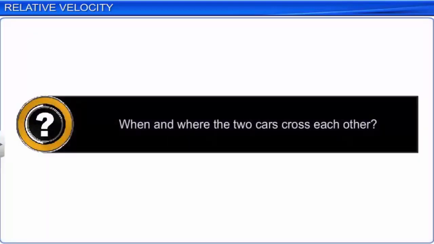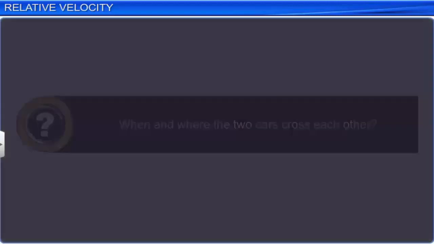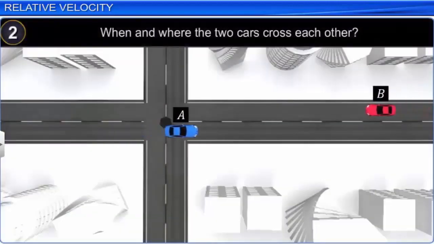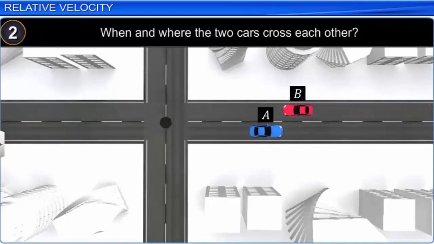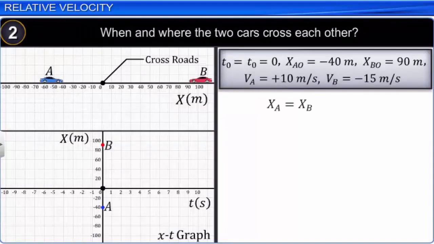When the two cars cross each other, their position coordinate is the same. That is, XA is equal to XB, which is equation 1. Here, XA is equal to XAO plus VA into T minus T naught.